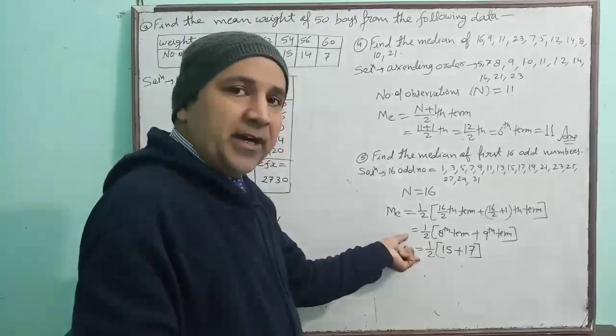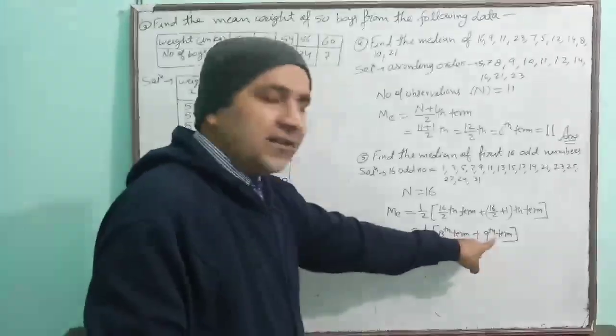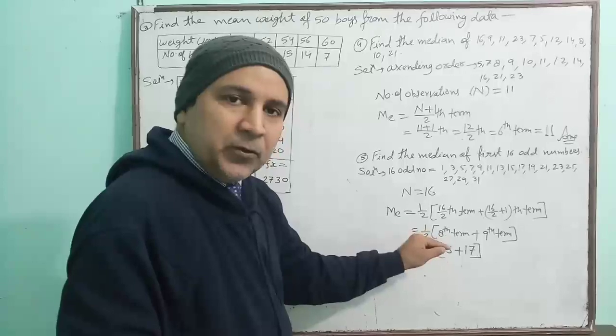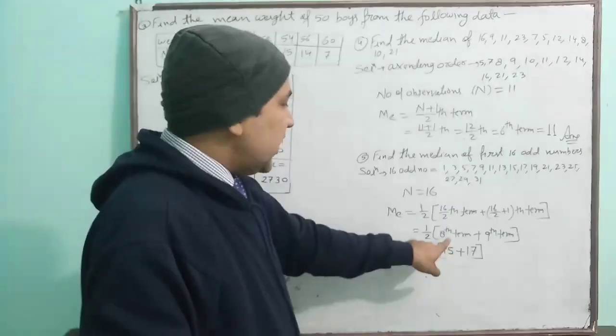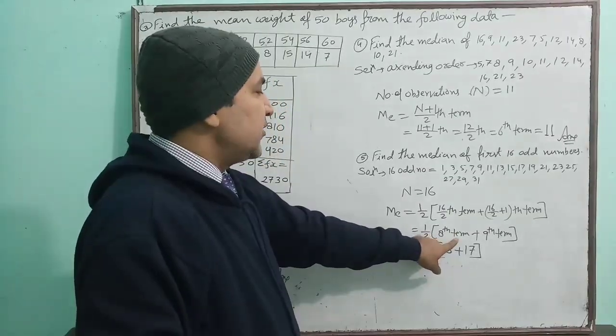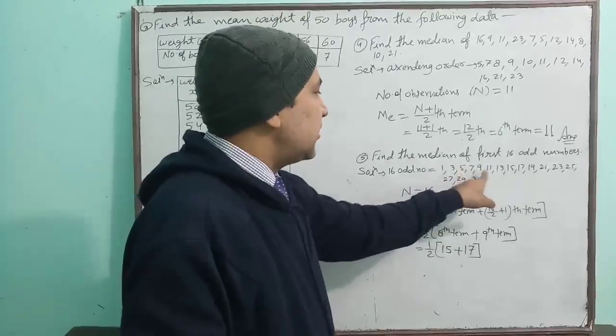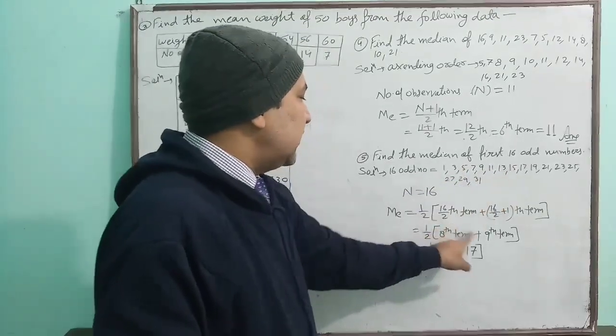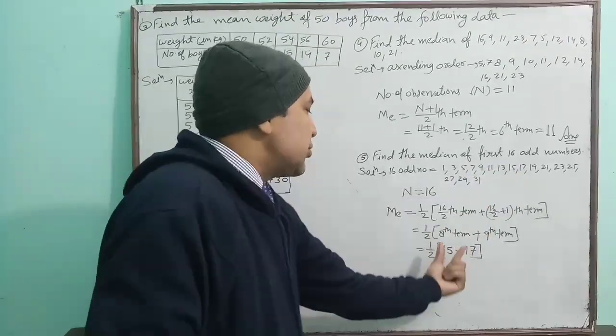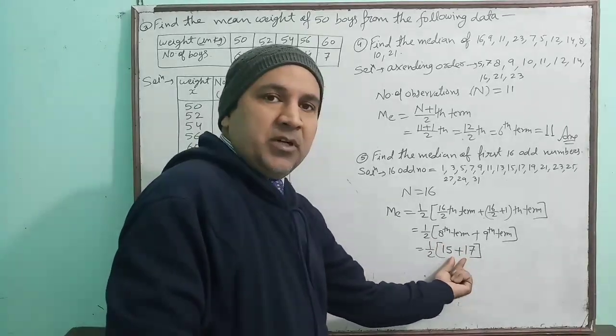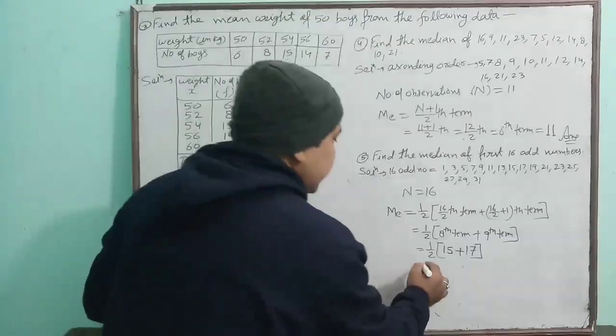Must note this point: don't add 8 and 9. 8 plus 9 is 17, and if you do, that will be wrong. You have to write the 8th term. In your question, the 8th term is 15 and the 9th term is 17.